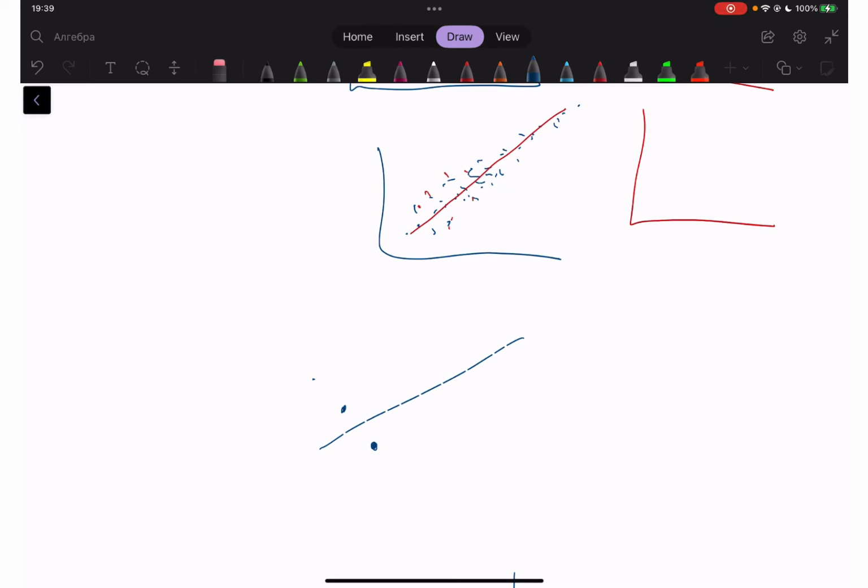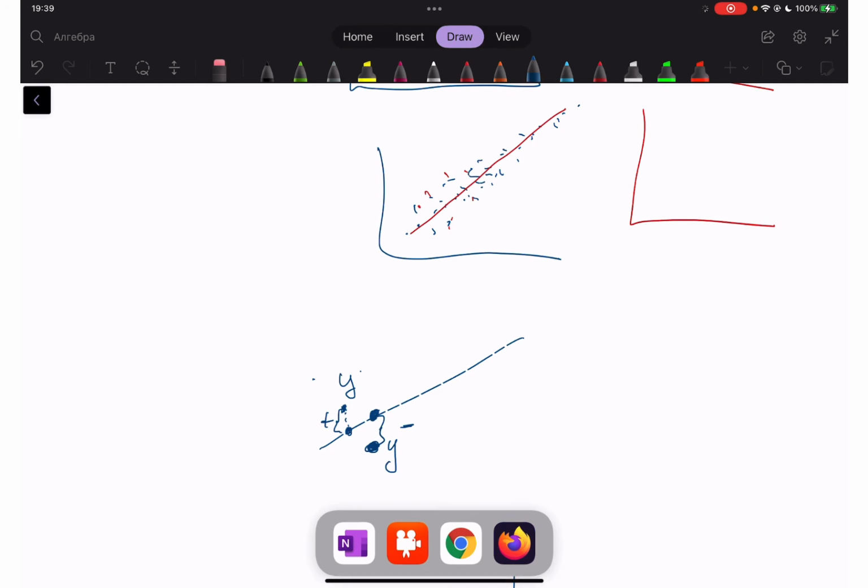Because if this is our residual y, and this is positive, you are checking between this y and this point. Since it's above, it's going to be positive. Now, since this residual is negative, below, if I take this y and subtract this one, obviously this point is smaller than this one, you are going to get negative. That is the explanation.